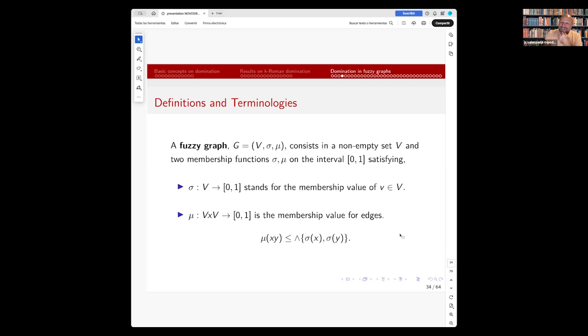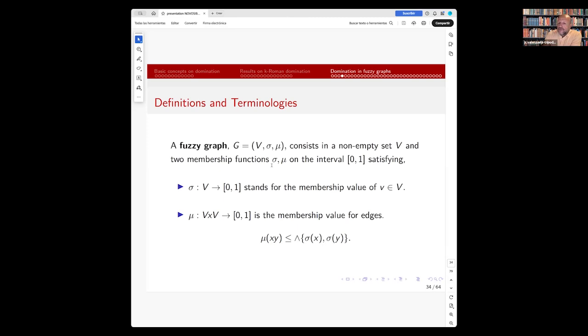Well, formally, a fuzzy graph is a set of vertices and two membership functions, sigma and mu, that, as I said before, take values in the interval 0, 1.